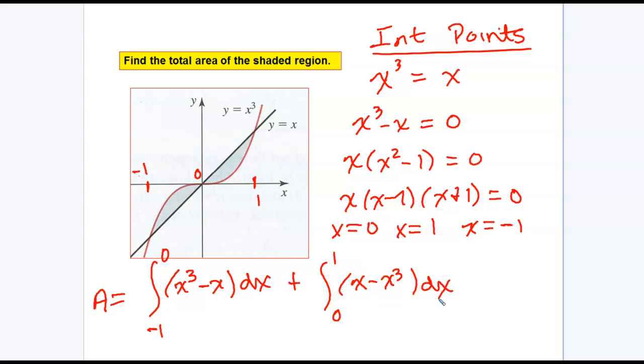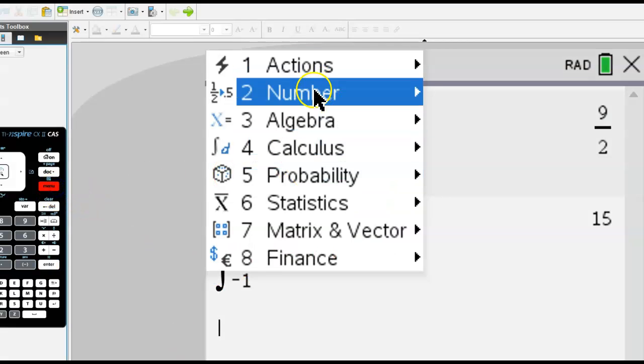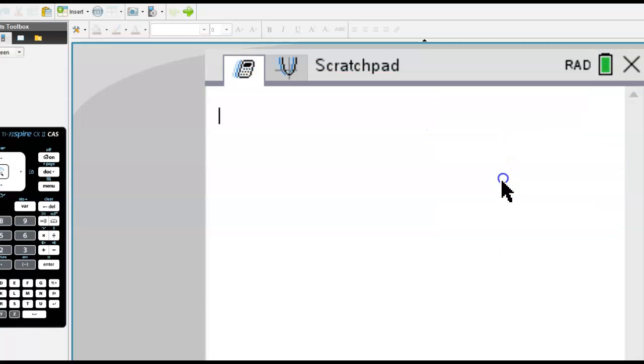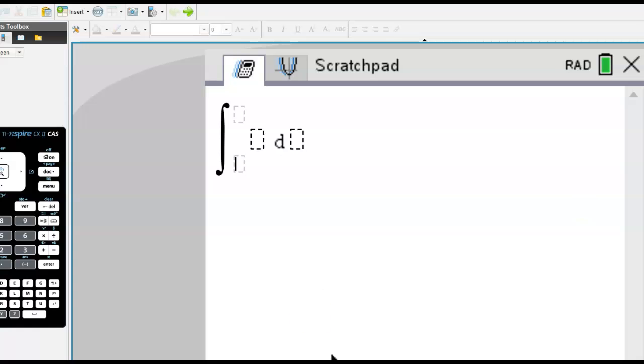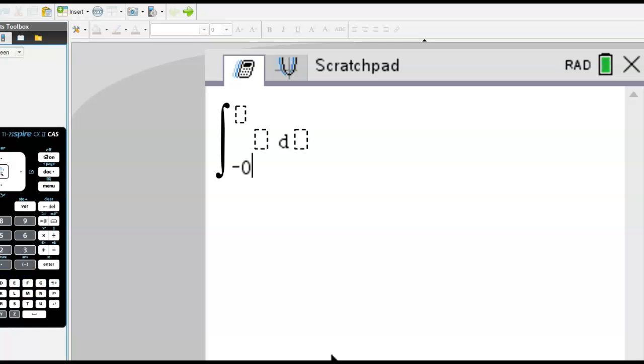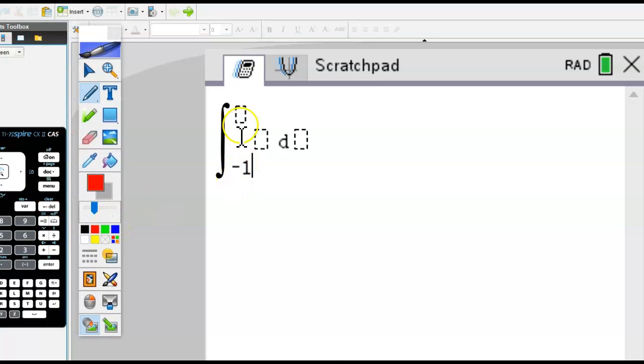And now we're going to go to technology again, and to clear this screen, I'm just going to go menu, actions, clear history, and we're doing the definite integral. The first one is going from negative 1 to 0.